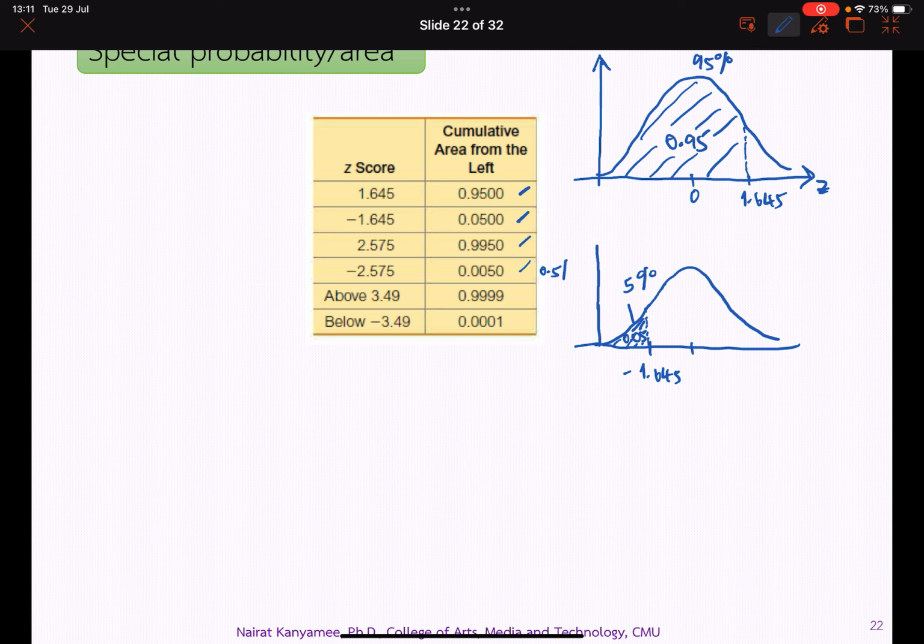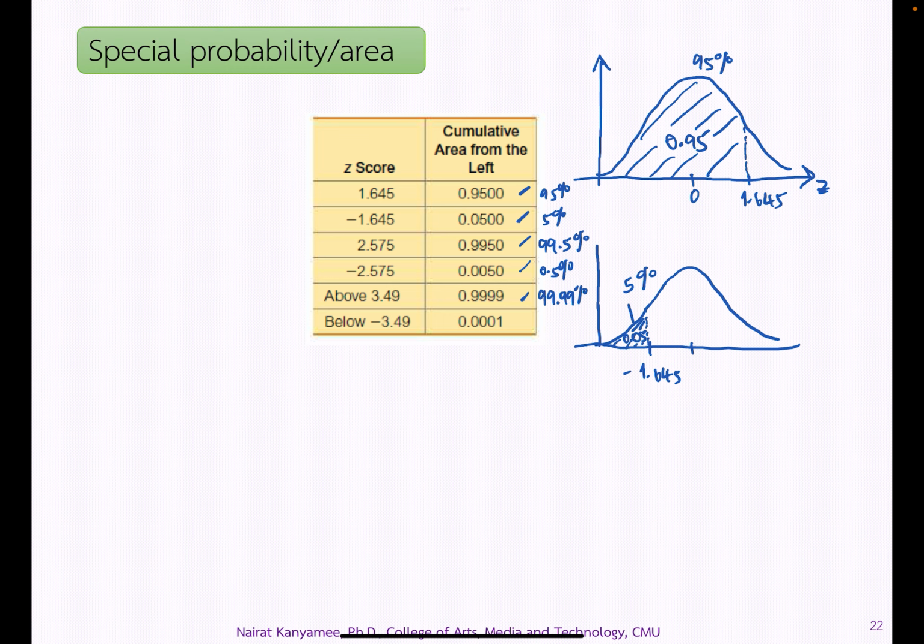This is 0.5%. So 95%, 5%, and 99.5% for the probability. This is 99.99. Other than these, you need to use the table to approximate it.